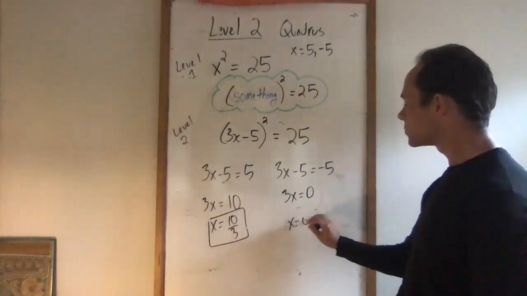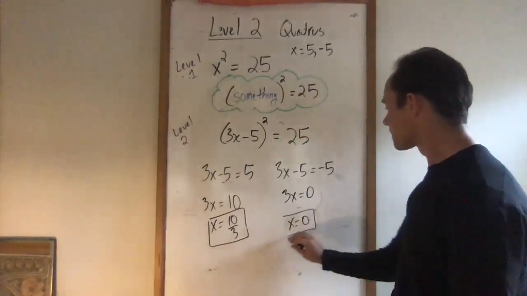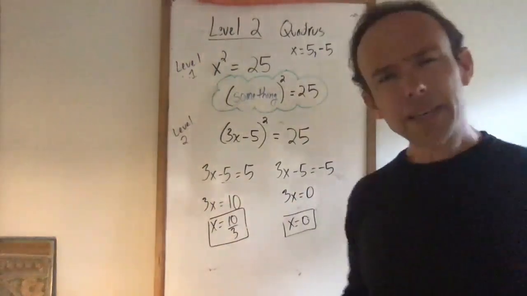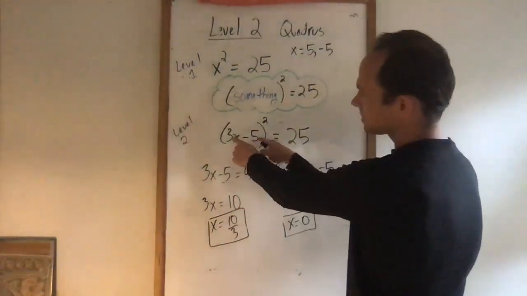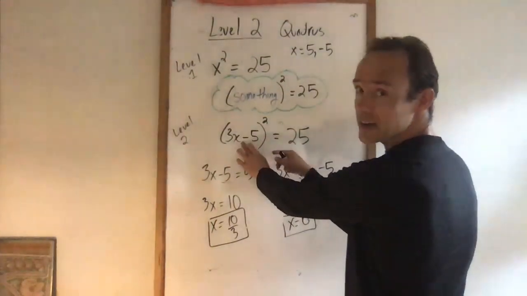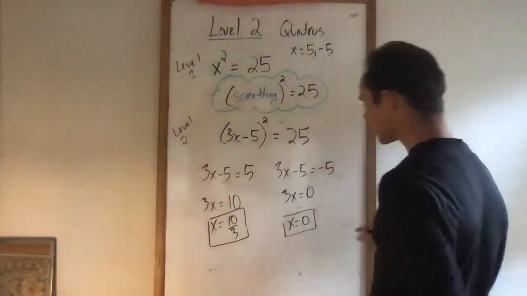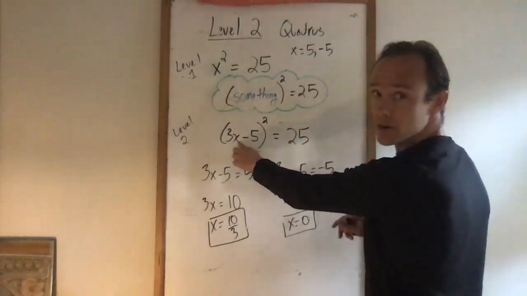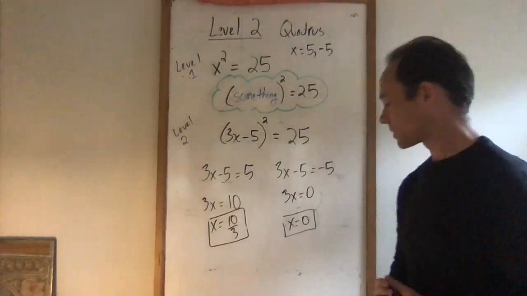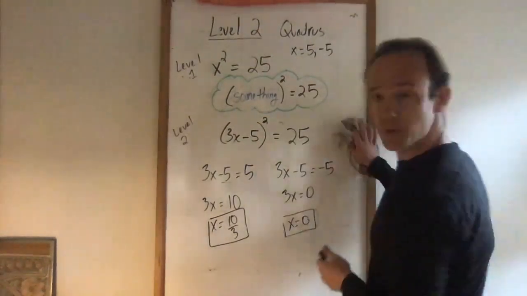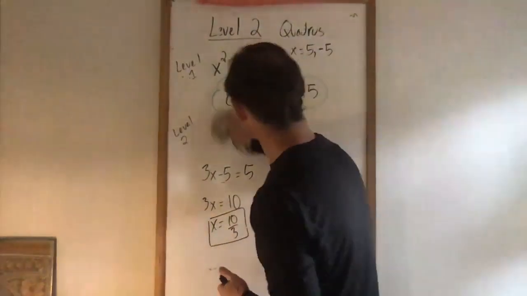So x is equal to 0. And it makes sense, because if x were 10 over 3, the 3's would cancel, and you'd get 10 minus 5, which is 5. 5 squared is 25. And then if x were 0, then this would be negative 5 squared, which is also positive 25. So really nice job, everyone.